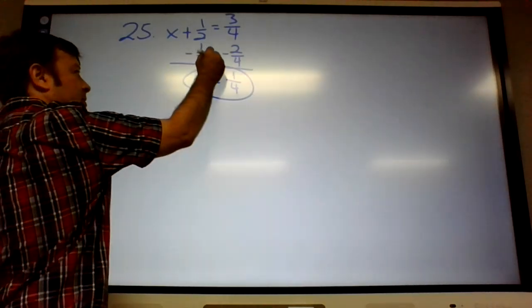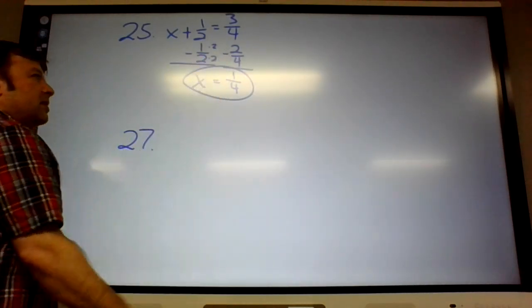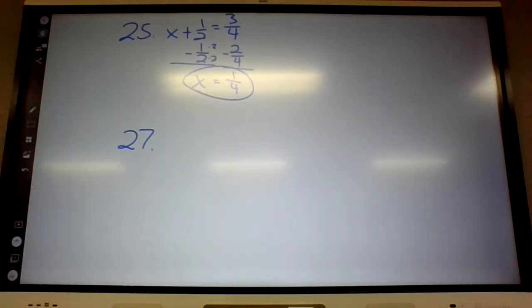Here, I'll show my work a little bit more. 4/5 y equals 24.